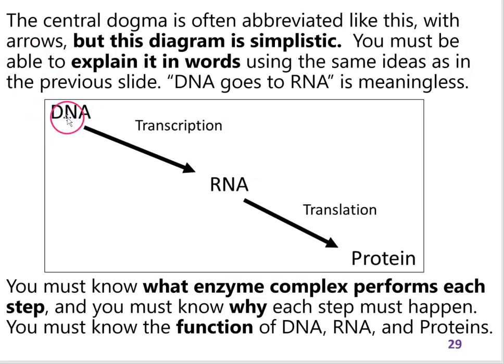But no, DNA is a chain of nucleotides, and RNA is the corresponding chain of nucleotides. Protein is a chain of amino acids. And so you need to be able to tell me translation is done by a ribosome, transcription is done by RNA polymerase. That's what you need to be able to tell me about the central dogma.